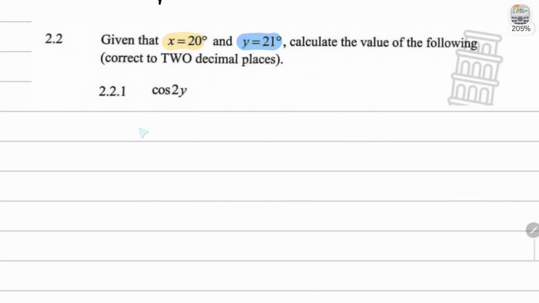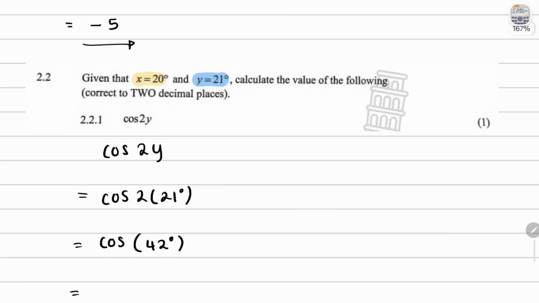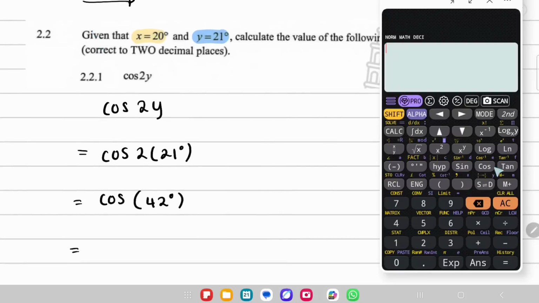We have cos 2y, and they told us y is 21 degrees. So just say cos of 2 times 21 degrees, which gives you 42 degrees. So this is cos of 42 degrees that you have to substitute into your calculator and round off to 2 decimal places.